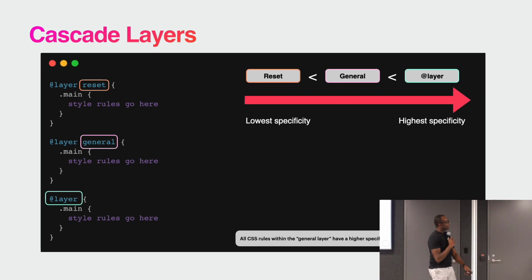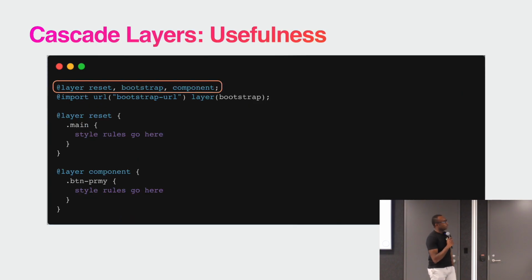So you may have run into problems where you want to create multiple layers and you're wondering, do I have to always have those layers defined? The thing is, you can actually, at the very top here, define the names of all your layers. And then within the project, you can use those layers.